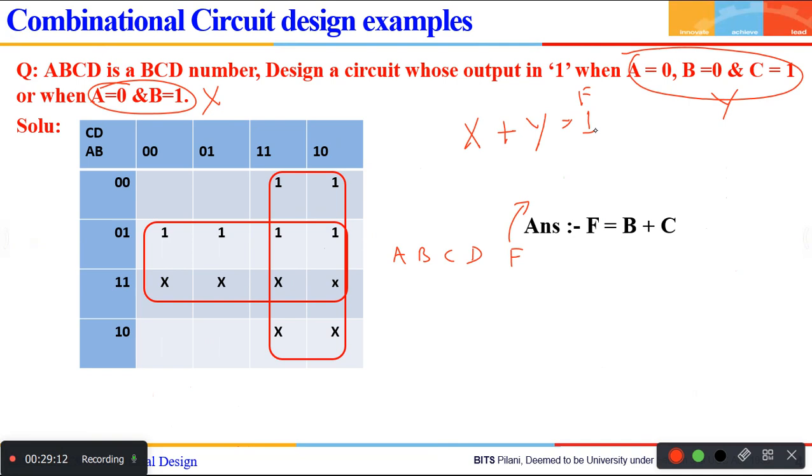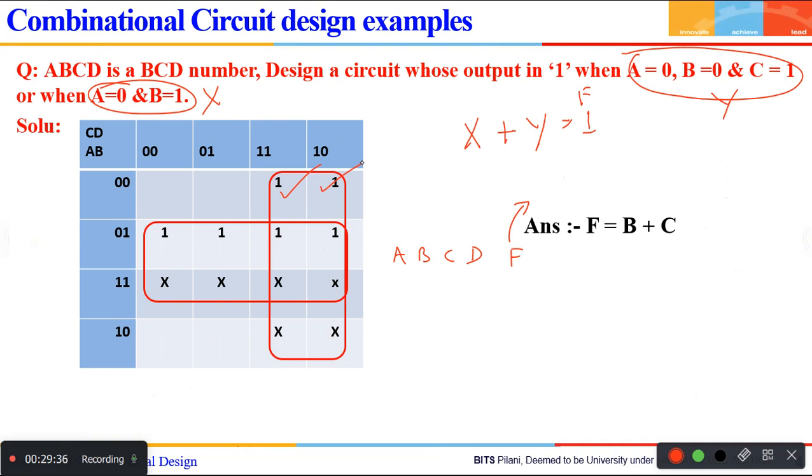Now of course, where does that condition satisfy? A is equal to 0, B is equal to 0, C equal to 1. Where? Tell me. This one. Next one also, of course.